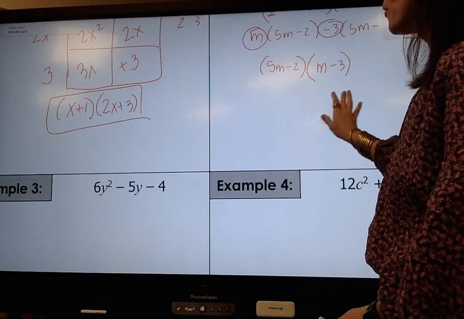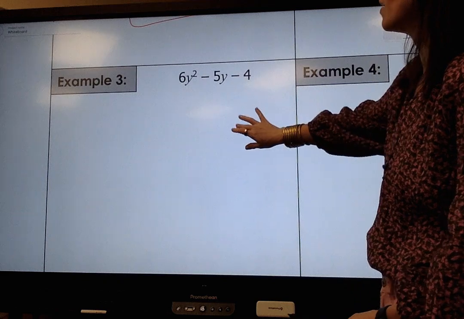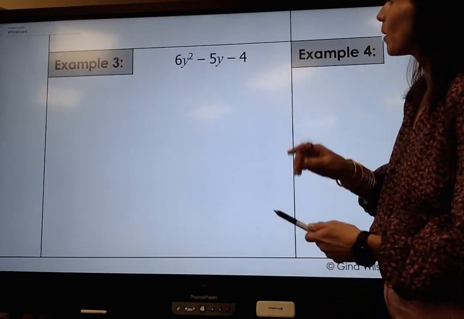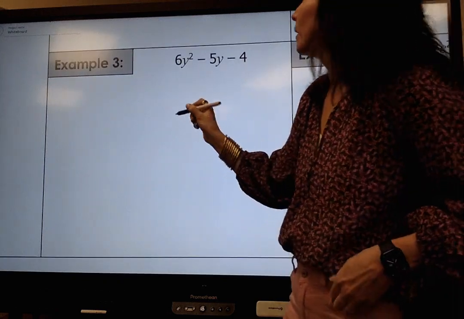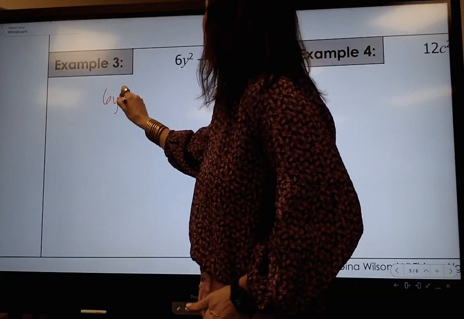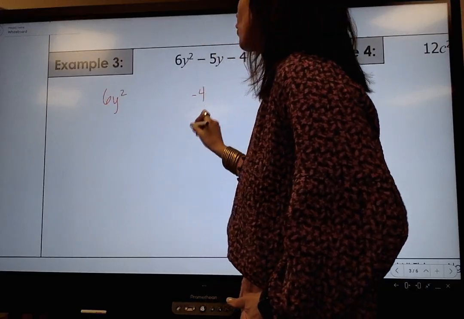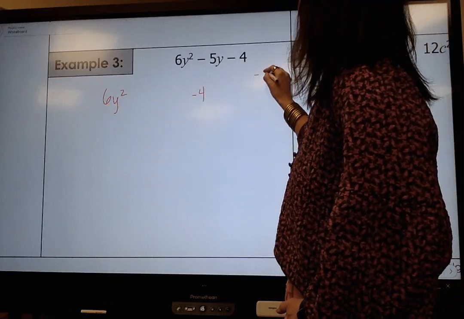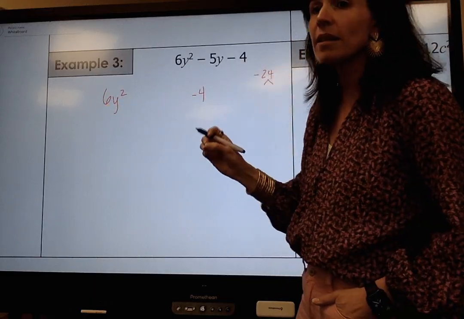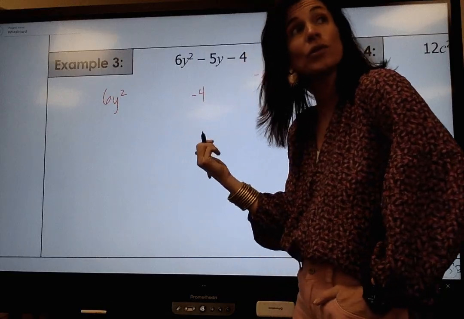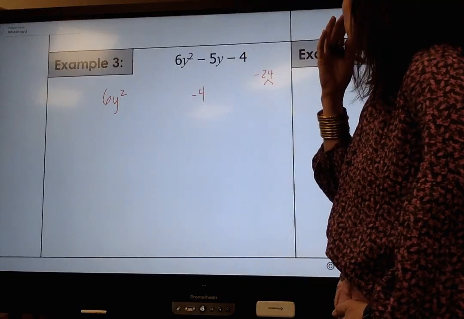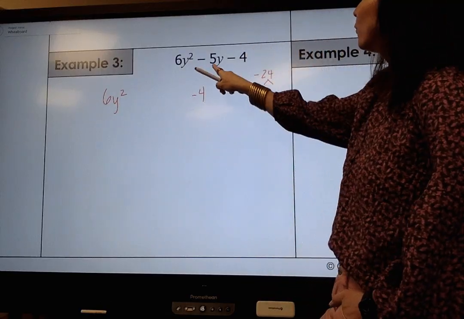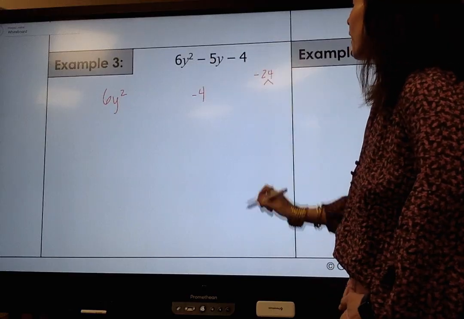All right, let's do another grouping, and then we will do another reverse box. So remember in the grouping, my first term doesn't change, my last term doesn't change. I still have to multiply 6 times negative 4 to give me a negative 24. This is the most important part: finding those two numbers. What are two numbers that multiply together to give me negative 24 and combine together to give me negative 5?